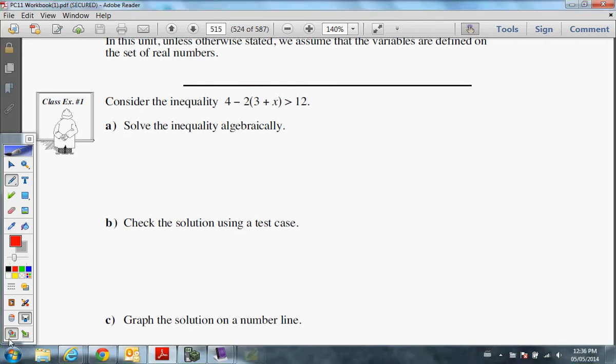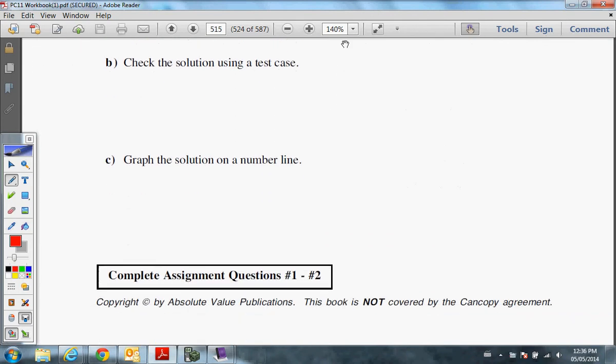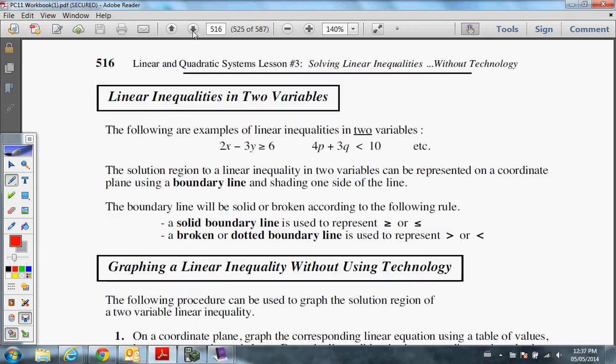Okay, so now for a little bit more fun. Linear inequalities in two variables. Now we're talking about the relationship of x and y. A couple things we have to make sure we're on board with: understanding which inequality it is.